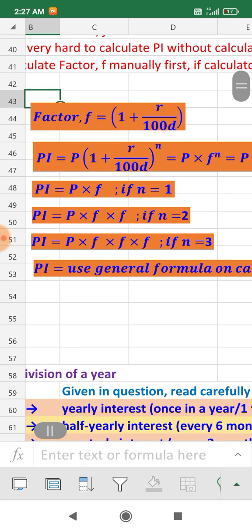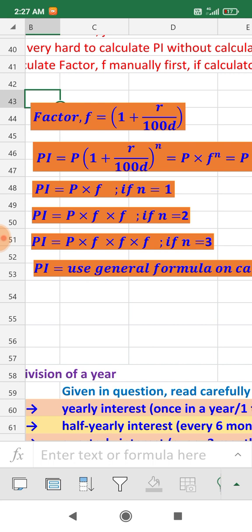Now in your book, if you get n equals 1, then it will be P into F. If n equals 2, then it will be P into F square, F into F. If n equals 3, it will be P into F into F into F, F cube.